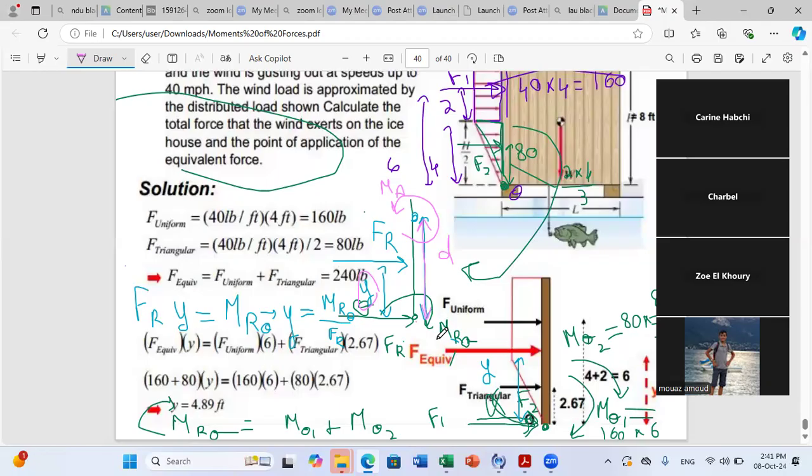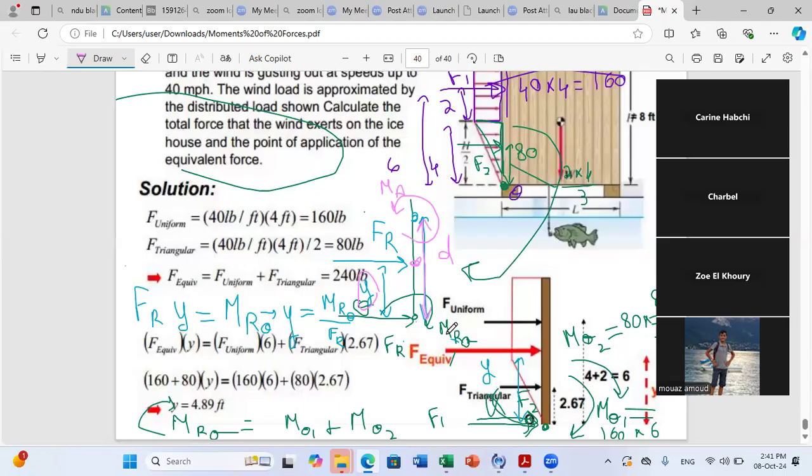It should be MRO. So there is a single location, which is distance Y, in a way that when I put the force at this point, to have equivalent systems, I don't need to add any couple.